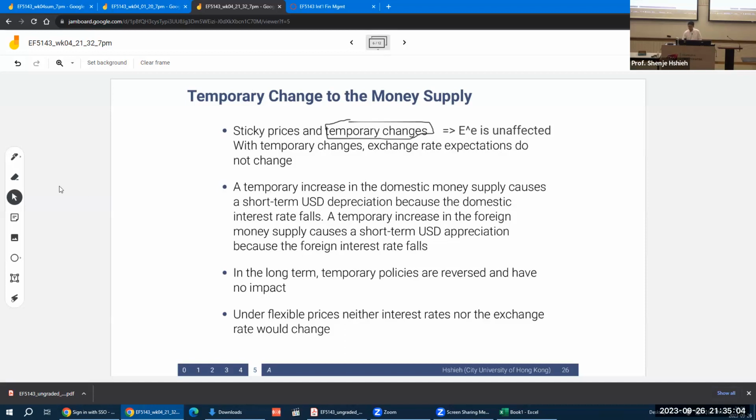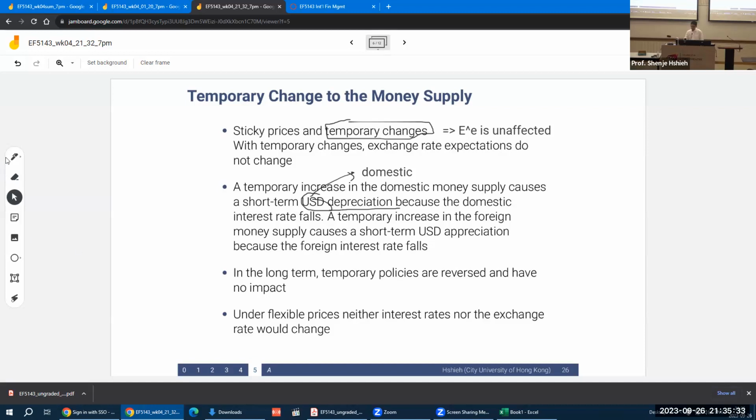So what I wrote here: a temporary increase in domestic money supply causes short-term USD depreciation. This should just be domestic, so write domestic here. And a temporary increase in foreign money supply causes short-term domestic USD appreciation.